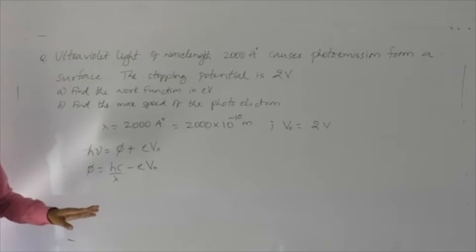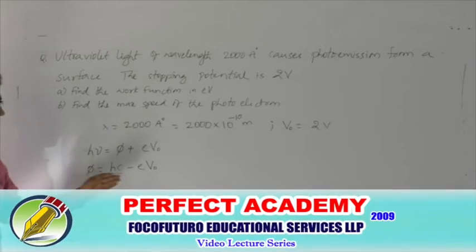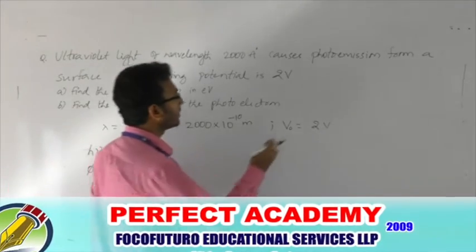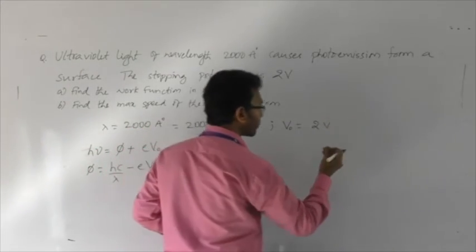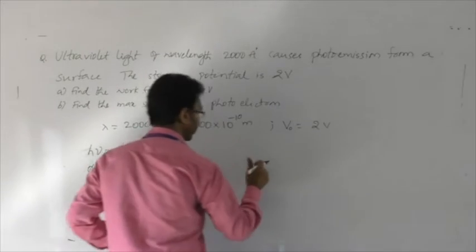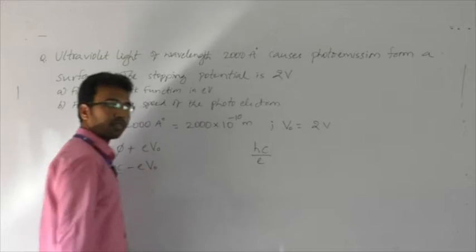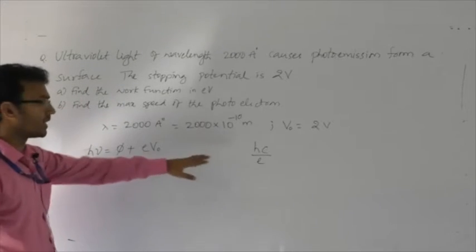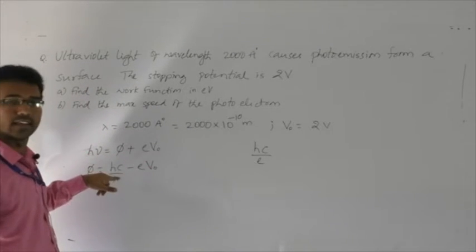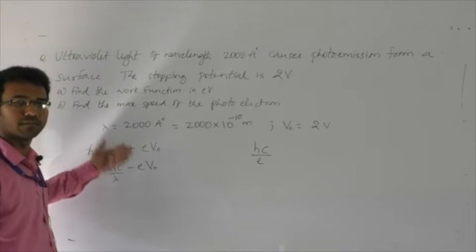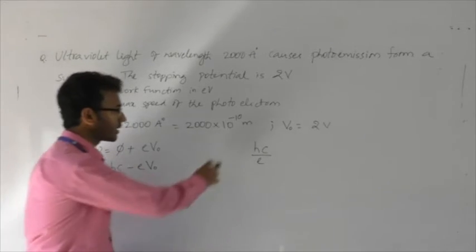But instead of doing it like this, we have a simple procedure. We should remember the value of hc by e. If you remember the value of hc by e directly, then our calculations will become a little simpler. So what is the value of hc by e?